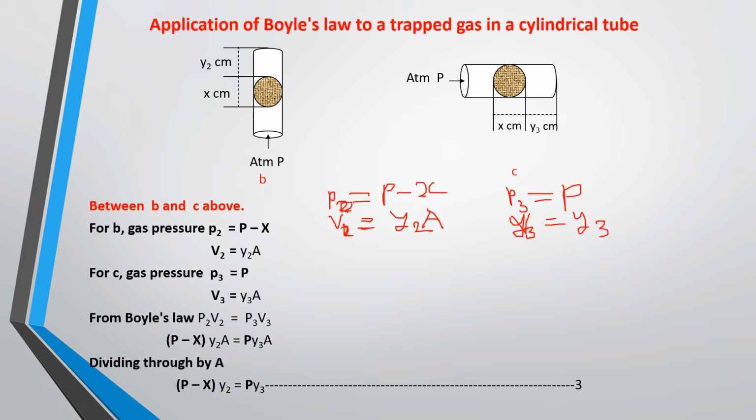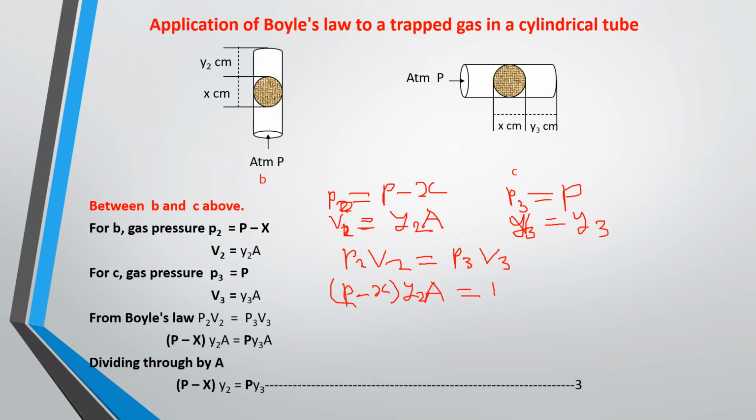Here we can use Boyle's law: P2 V2 is equal to P3 V3. When you substitute, you have P minus X as your P2 and Y2 times area as your V2.